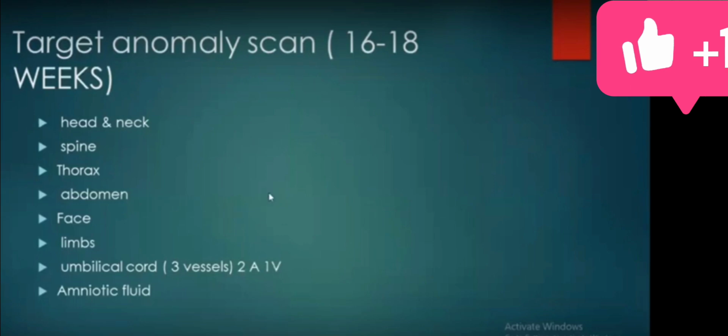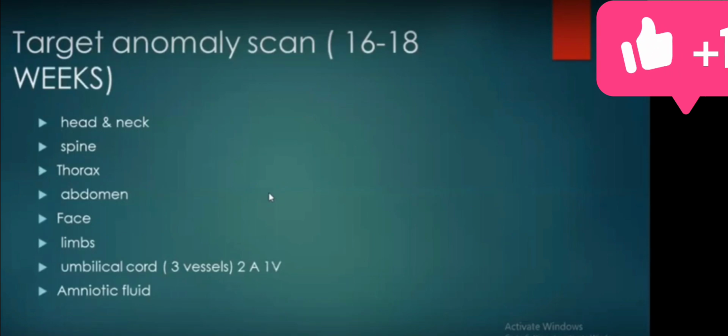In this scan, every part of the fetal body is observed: whether four limbs are present, whether the head is normal in size or increased, like in hydrocephalus where the head will be much larger, or whether the spine is intact, or spina bifida is present.